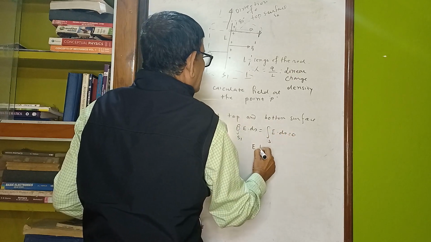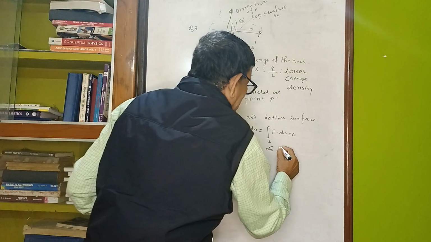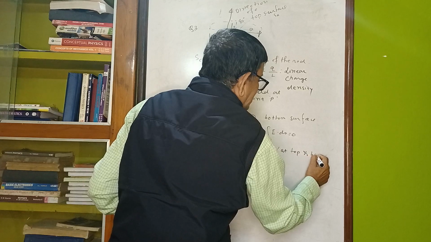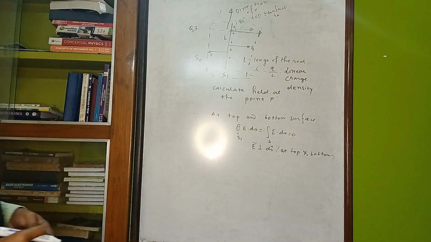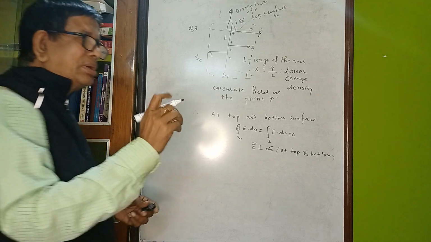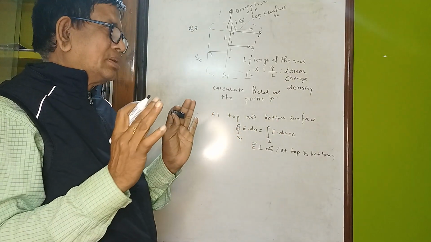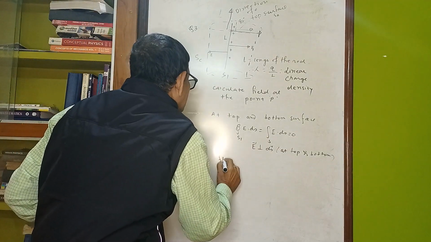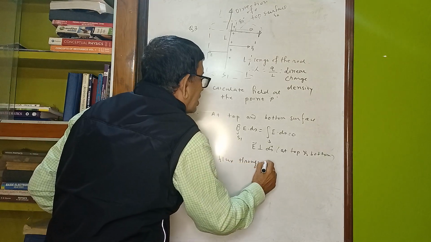Because E is perpendicular to the area vector at the top and bottom surface. That means you have to consider only the flux through the curved surface.